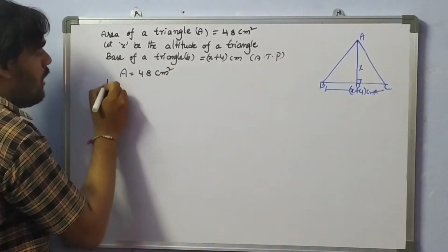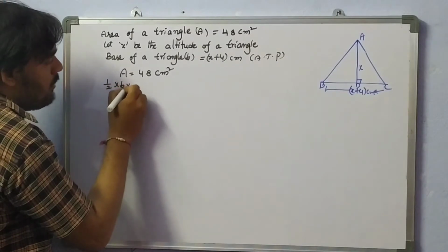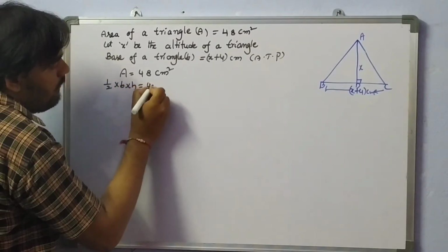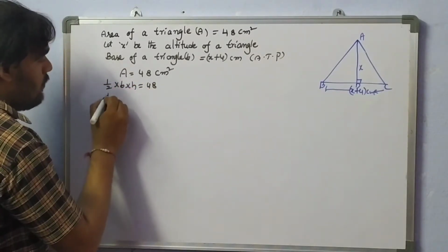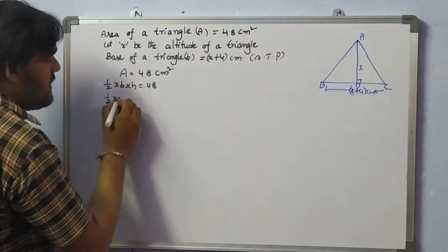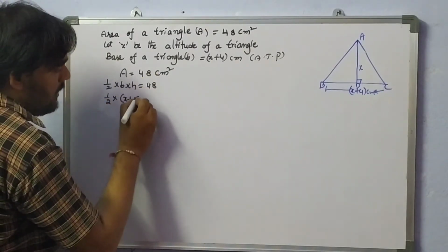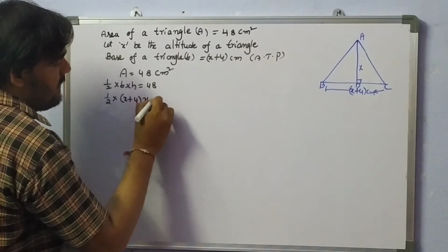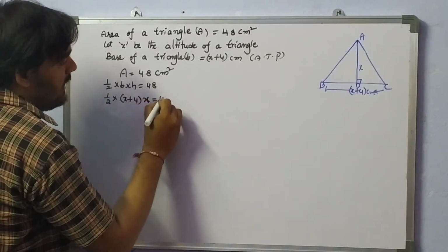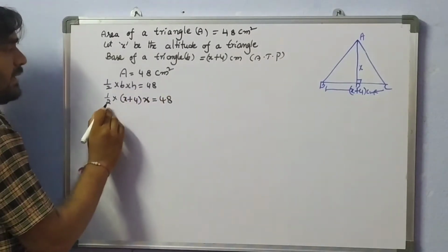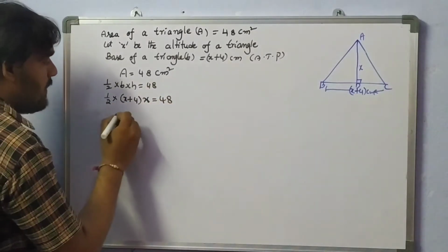Then area means half into base into height is equal to 48. Now 1 by 2 into base, that is x plus 4, into height, that is x, is equal to 48. Here 2 is dividing, after the equal sign it will multiply.